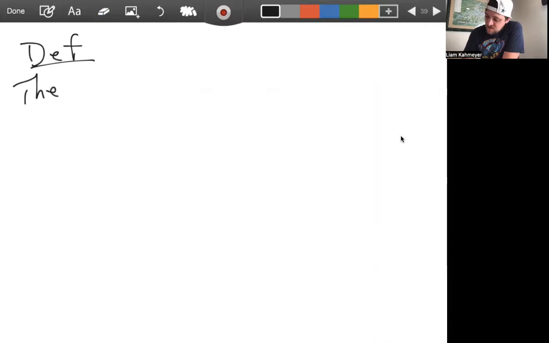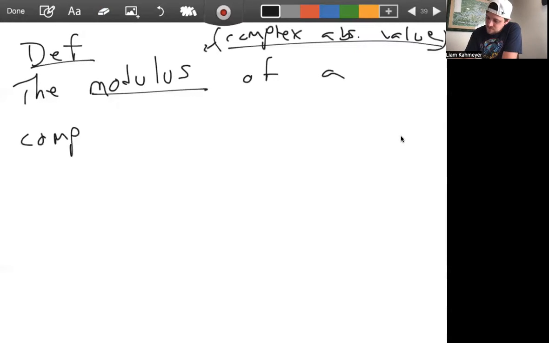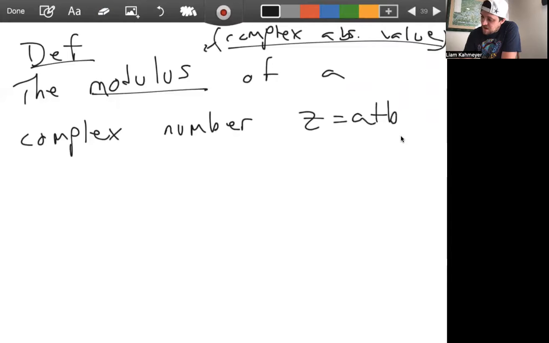The modulus, which is really complex absolute value, if you would like to think of it that way. The modulus of a complex number z equals a plus bi is, and we write this as absolute value of z.